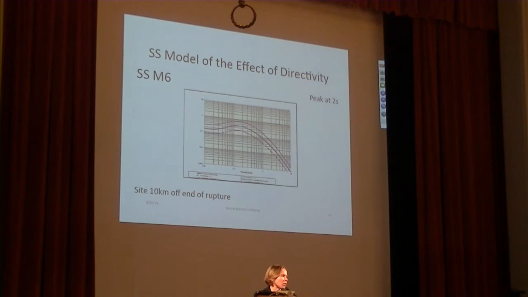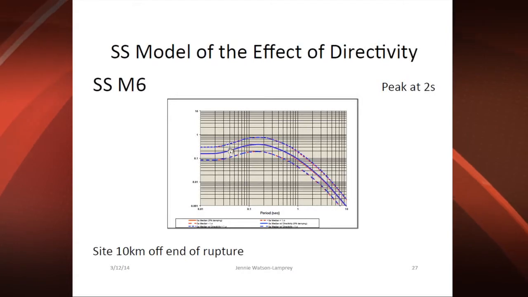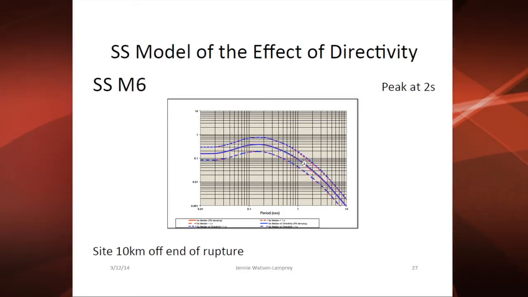So then what does this look like in terms of elastic response spectra? I'm going to show you plots for a magnitude 6, a magnitude 7, and a magnitude 8. For the magnitude 6, the peak in the change is at 2 seconds. The red lines on here are without the effect of directivity, and the blue lines are with the effect of directivity.